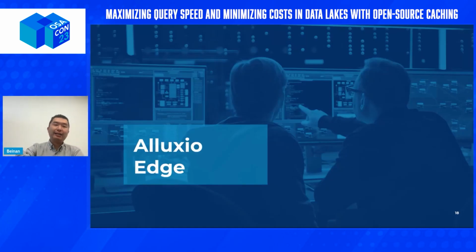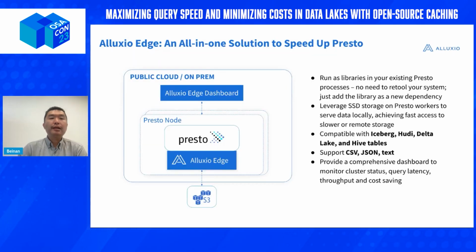Okay, then I can introduce a little bit about our Alluxio Edge, the next generation cache for both data analytics and AI. As I mentioned, we can use the local disk of the Presto node, because most compute engines are not really using their local disk.